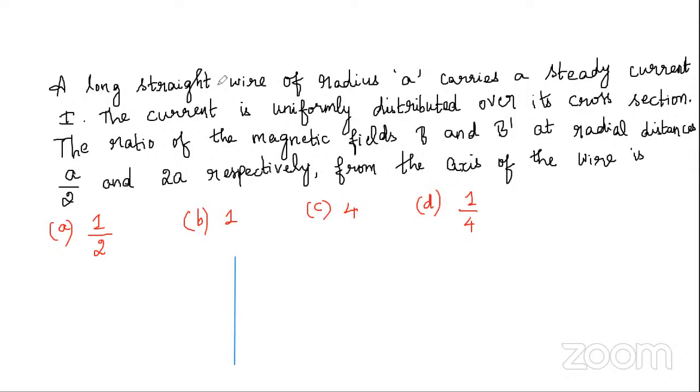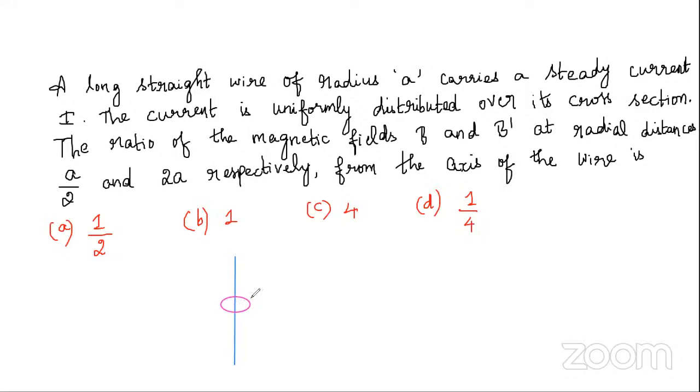So for the Amperian loop, we should take the loop like this. This is one Amperian loop, maybe in oval shape. In 3D, it looks like an oval shape. This Amperian loop has the radius A by 2.